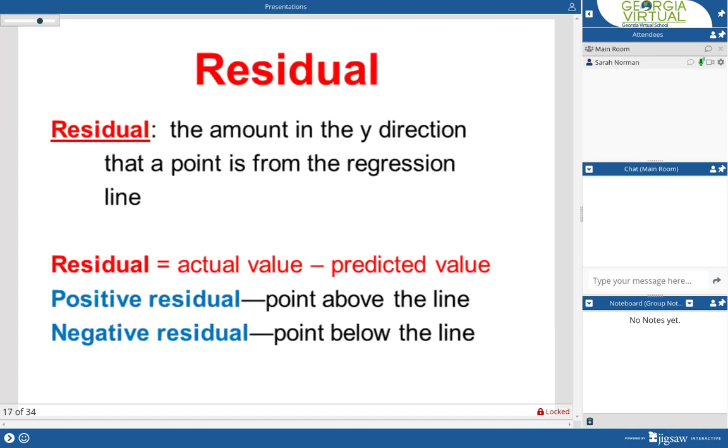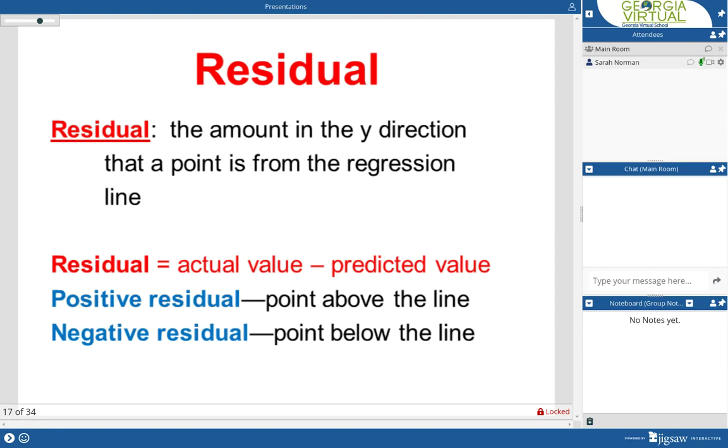Now the residual. All right, so the residual is the difference between an actual value that was used to create the regression equation and then the predicted value using the regression equation.